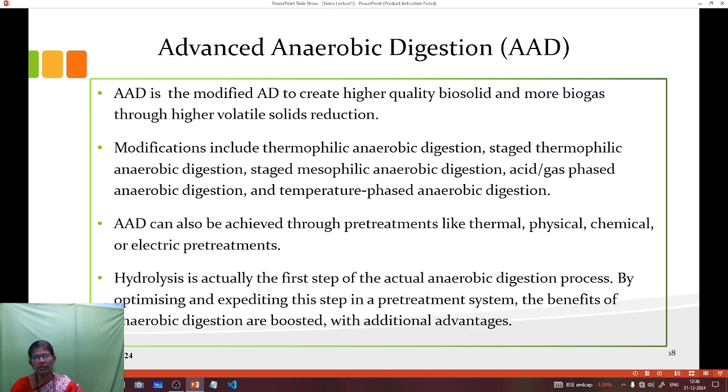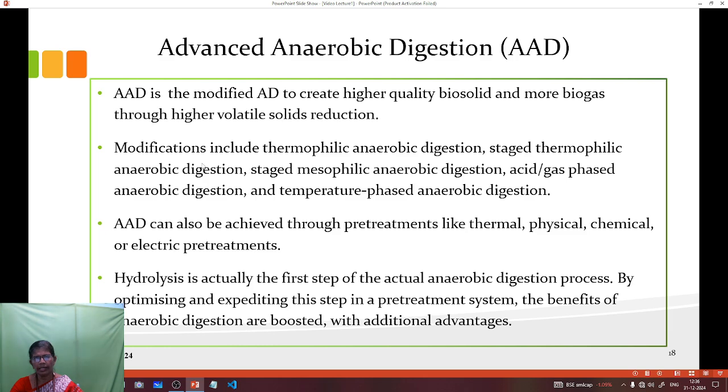Another one is advanced anaerobic digestion, during which higher quality biosolids and more biogas are produced, because the volatile solids are reduced.